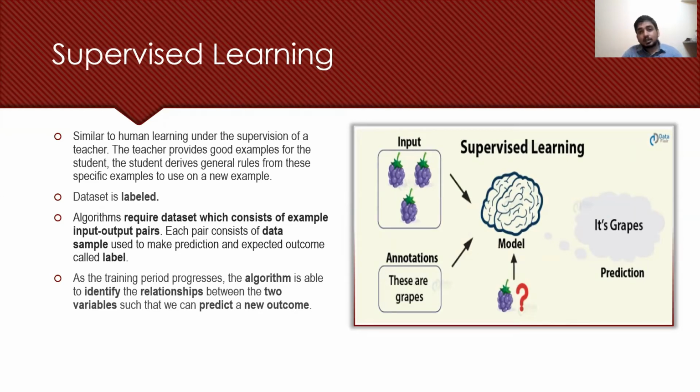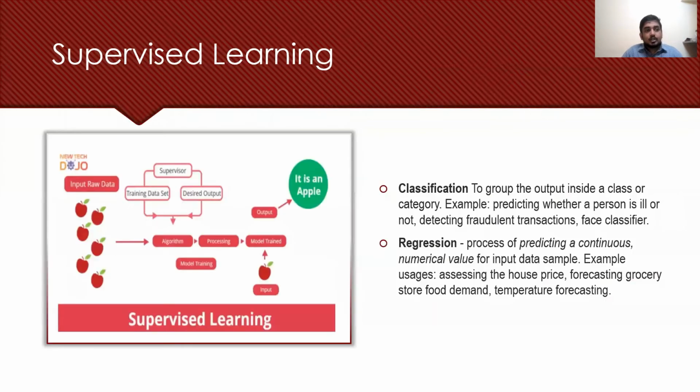Each pair consists of data samples used to make a prediction and expected outcomes called labels. As training progresses, the algorithm identifies the relation between the given dataset or example and the label, and makes some rules or a model that can predict the label of unlabeled data.